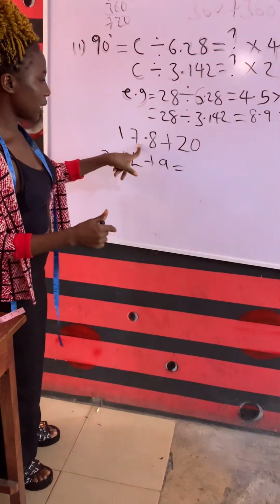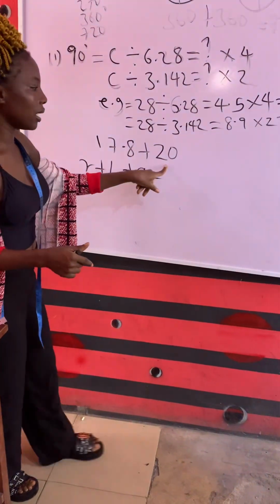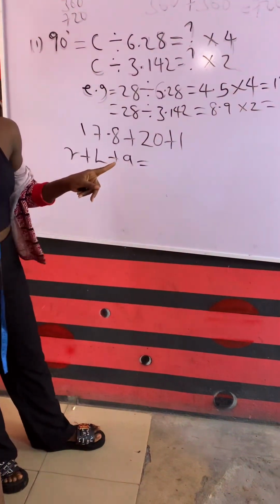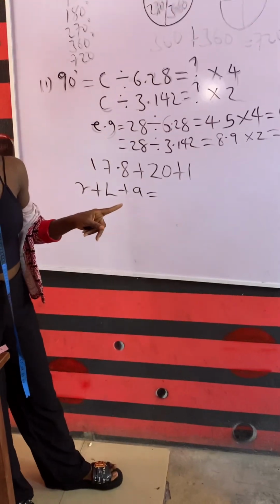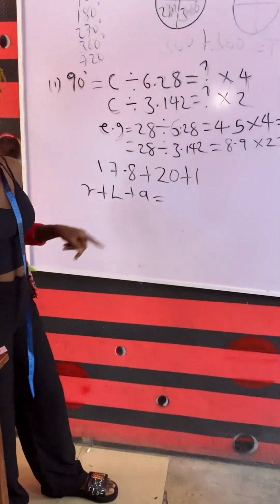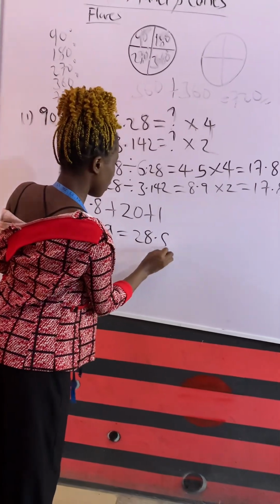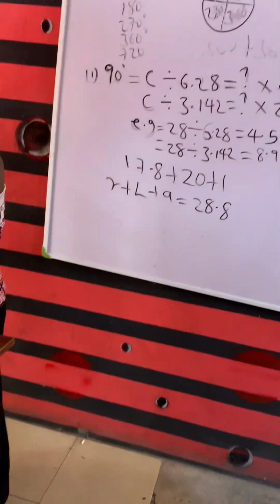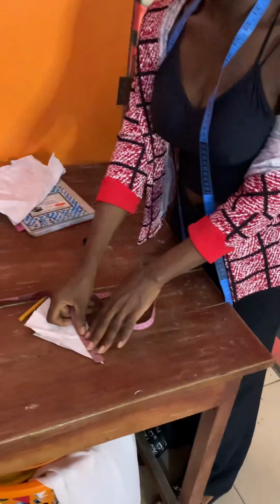My radius is 17.8 plus the length plus the allowance. Calculate it and give me the answer. That is what you are going to get as the full length, 38.8. You understand? Yes.